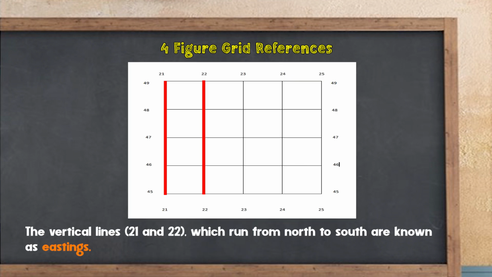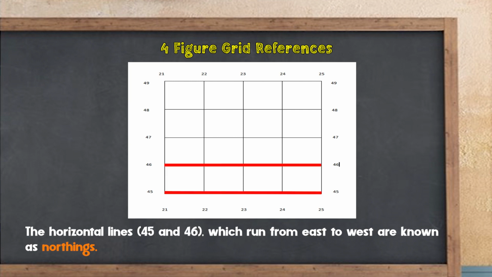The vertical lines which run from the north to the south, for example 21 and 22, are known as eastings. The horizontal lines which run from east to west, for example 45 and 46, are known as northings.